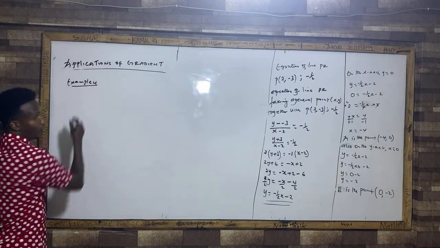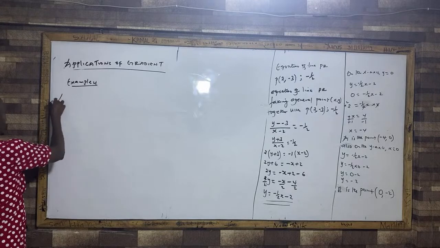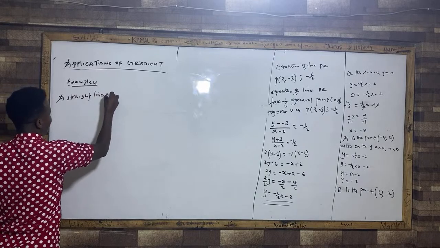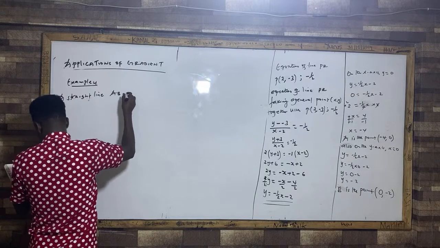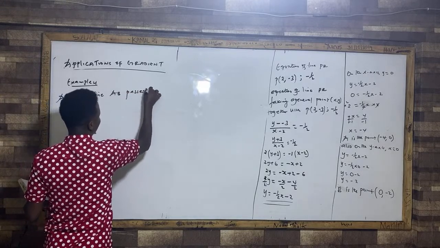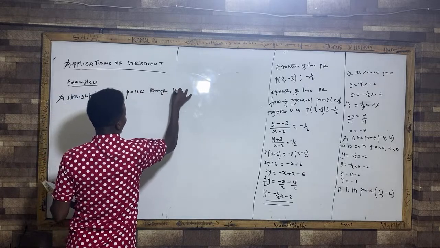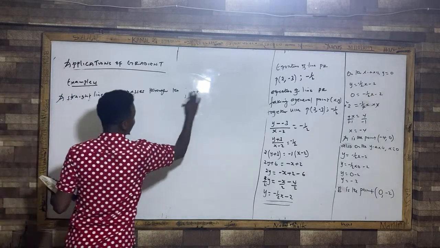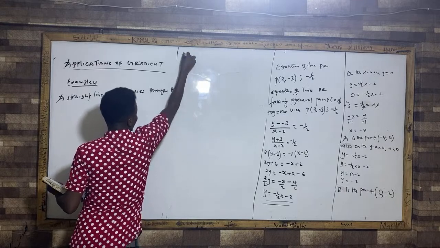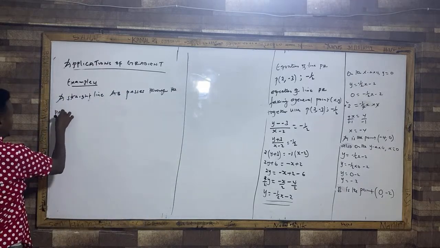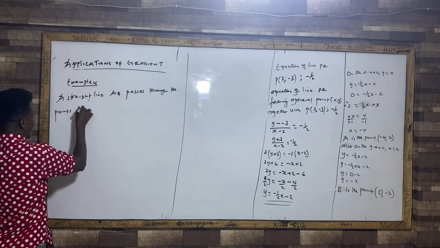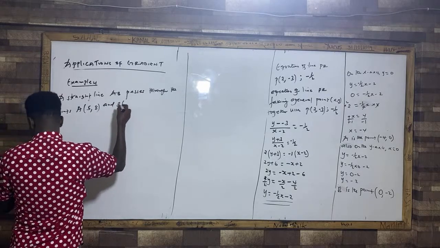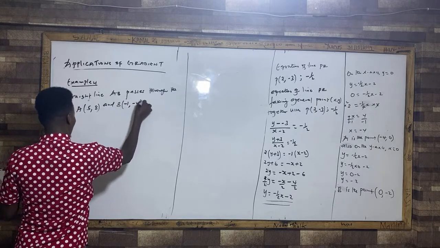So, you are told a straight line AB passes through the points A (5, 8) and B (-1, -4).